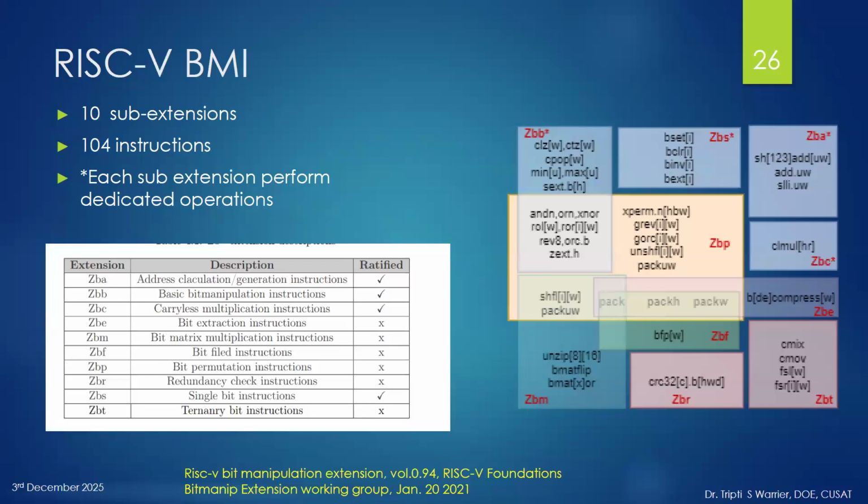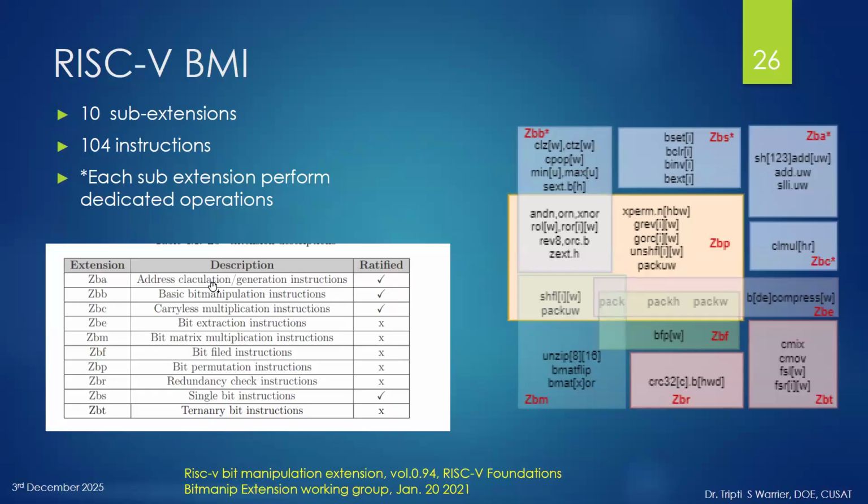So we have tried to look at whether we can use it and speed up the execution of these applications. So what is BMI? The bit manipulation ISA has 104 instructions with 10 sub extensions, and the table shows different sub extensions, and the ones that are tick marked are extensions which have been ratified. Others are in a draft stage, which may change. That is what we are looking at.